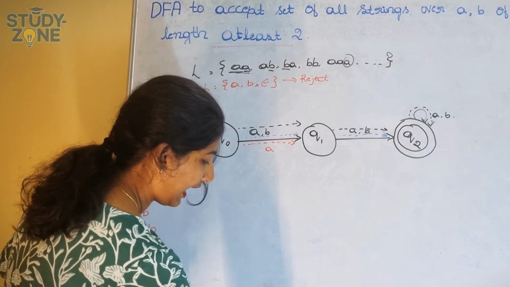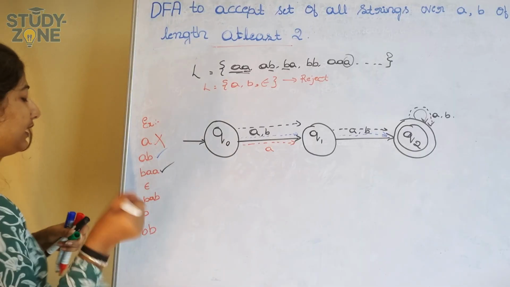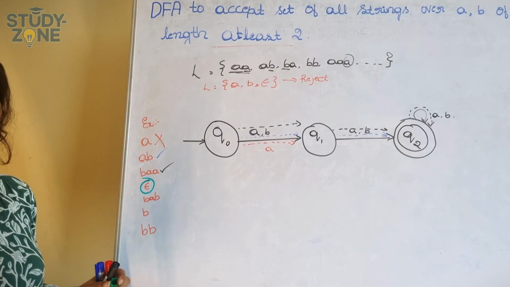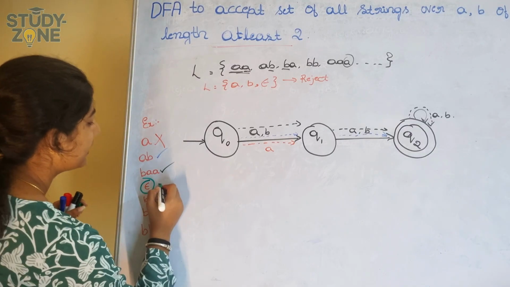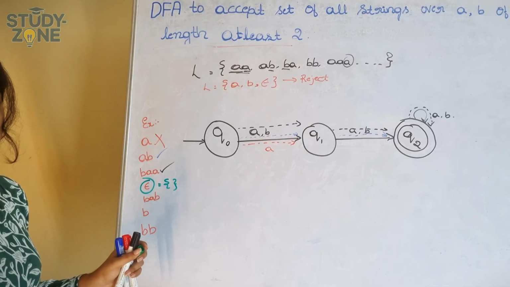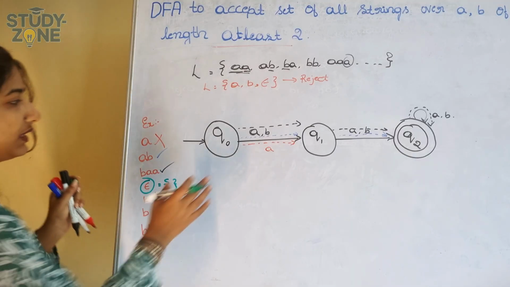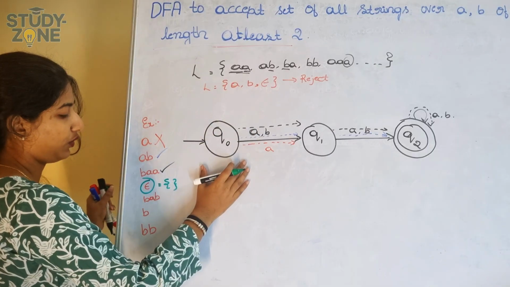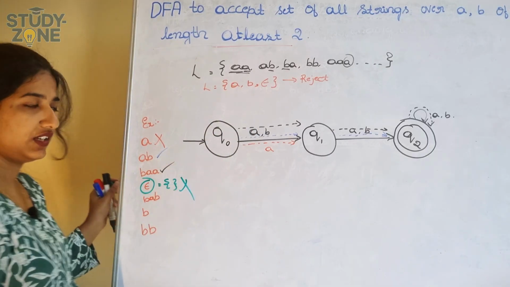Now I have one more example, that is epsilon. So epsilon means a null set or no symbol. So Q0 is a state which will be there when there is no symbol, right? So it will be there in Q0 state only. So this one will get rejected.